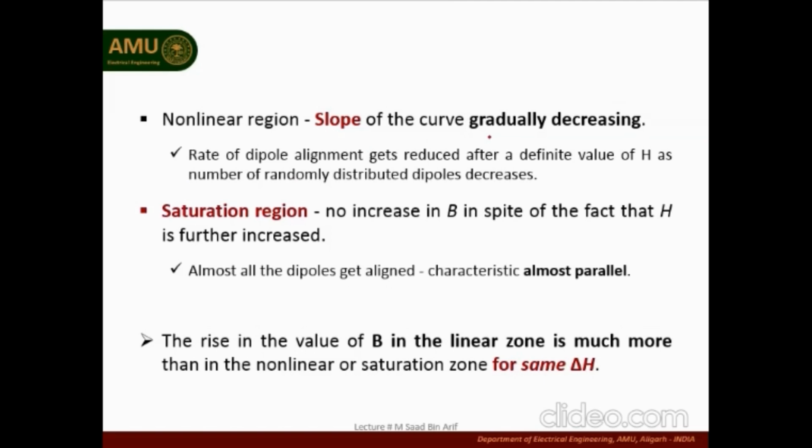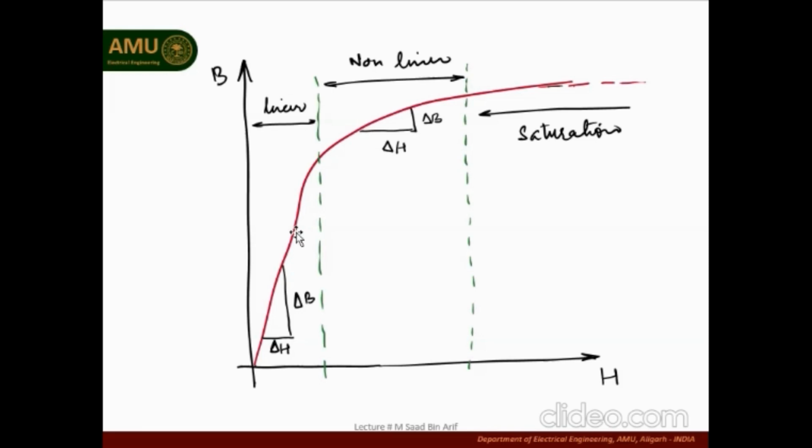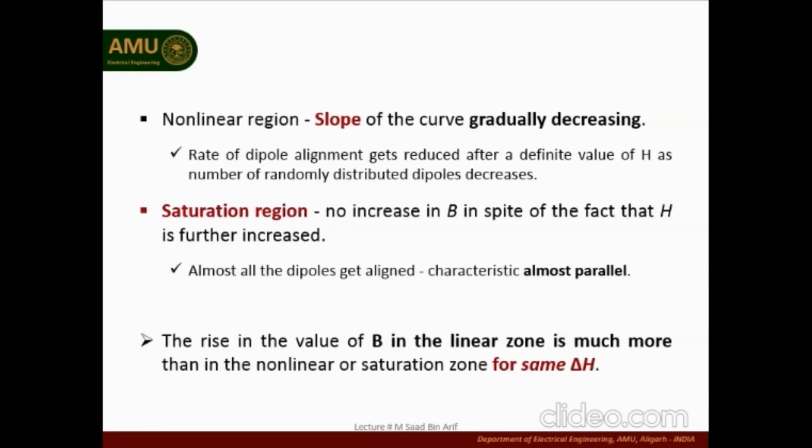After the linear region, the graph enters the nonlinear zone, and the slope of the BH curve starts gradually decreasing.